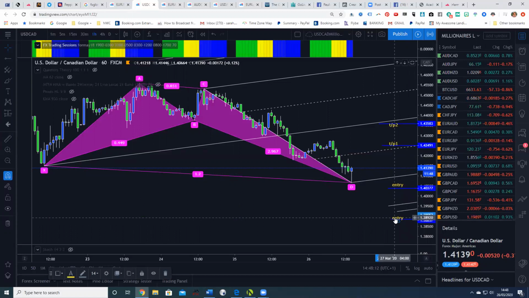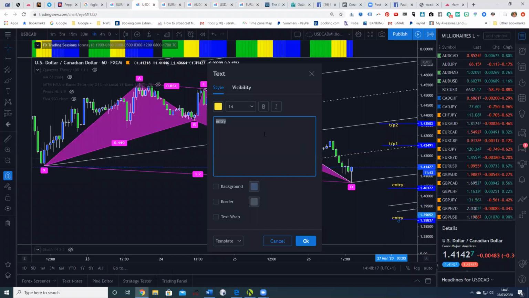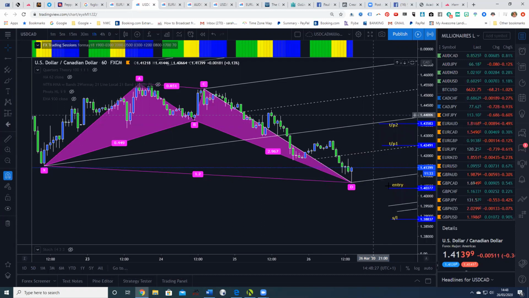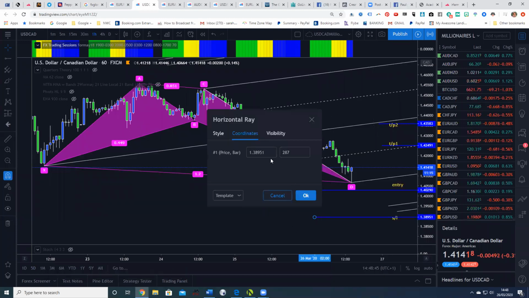And that's the stop loss down there. So just change that to say stop loss. Right, so now we've got that on. I'll just move those across. It's moved it off slightly, but I wanted to get a longer line because I know it'll change.